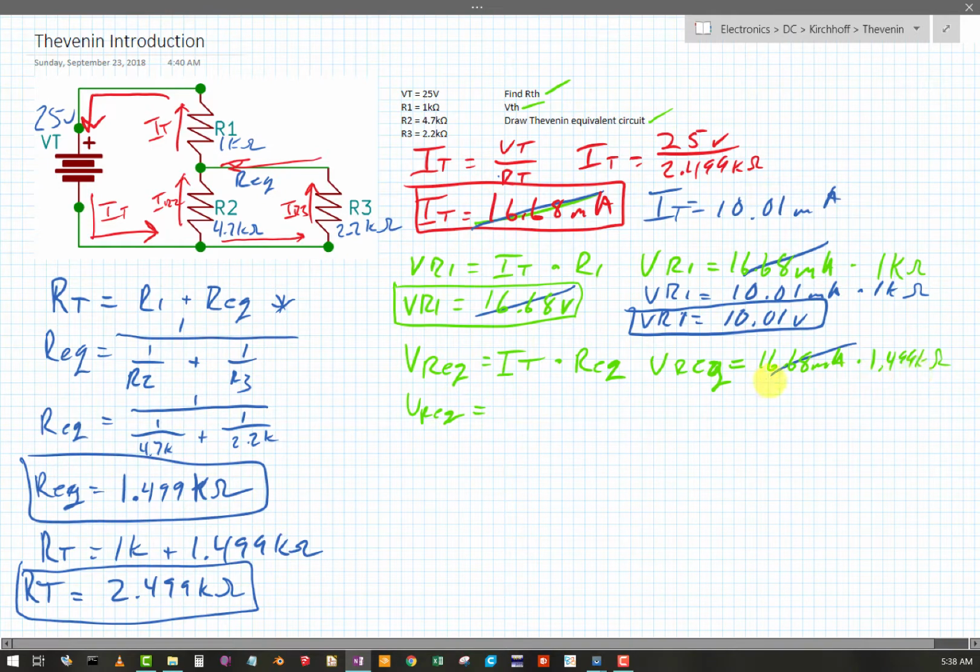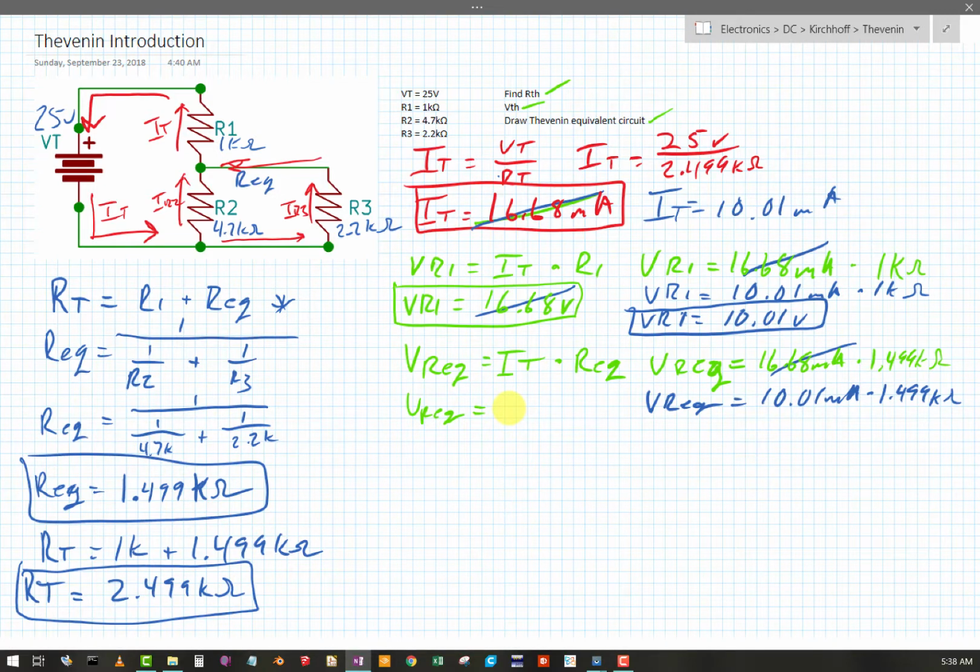Okay, so let's do this. So V REQ equals 10.01 milliamps times 1.499k ohms. Let's find that VREQ number. Come on calc.